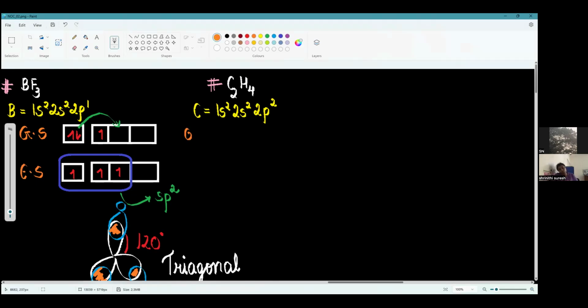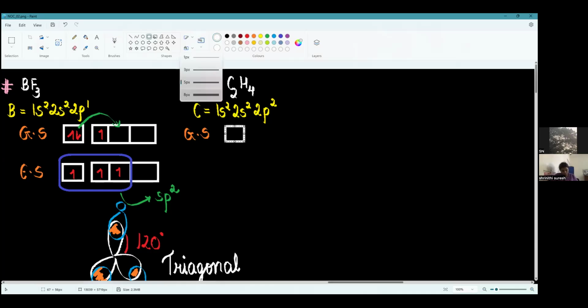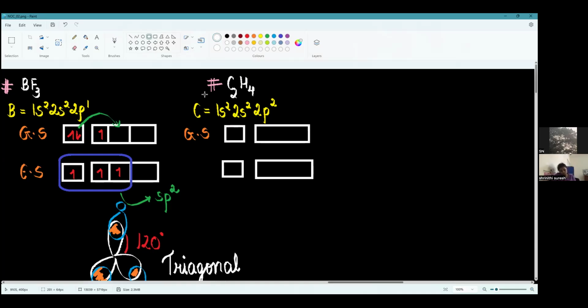If you write the ground state configuration, we have discussed that 1s never goes for any bond formation because it is very close to the nucleus. So this is 2s, and then this is 2p. Then we'll draw its excited state, 2s and 2p, like this.